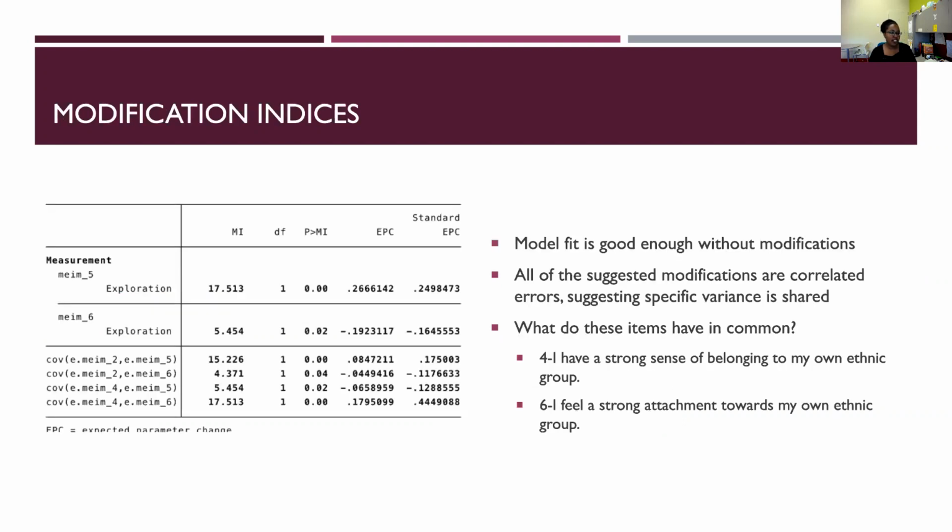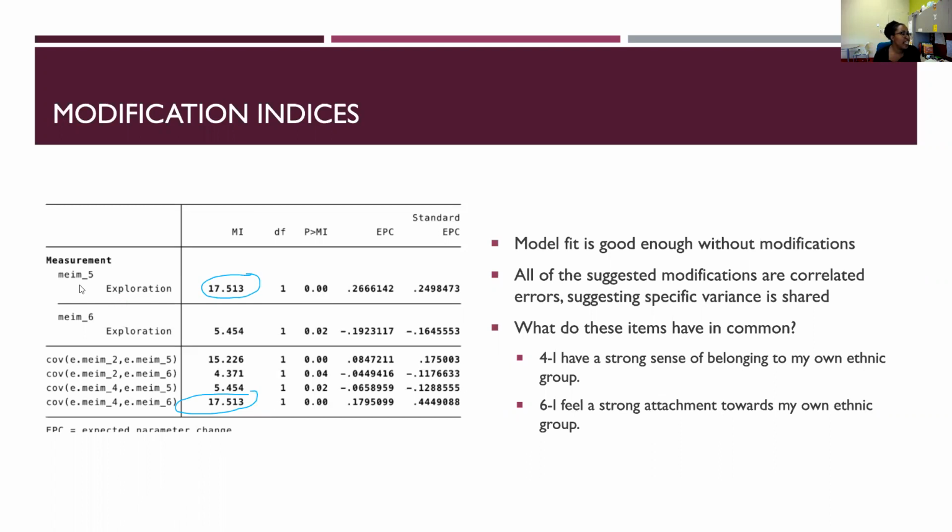All right. Then if we did have some poor fit and we wanted to tinker with this model a little bit, we could take a look at the modification indices. Again, we're looking at what our highest modification indices are and what they are telling us to do. Here we have two modification indices that are the same highness.